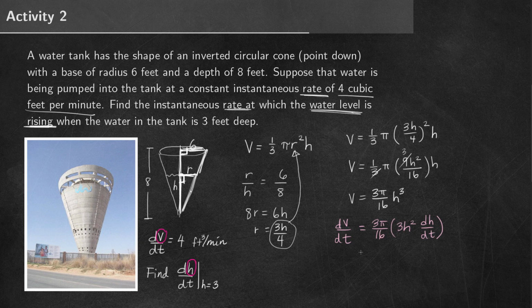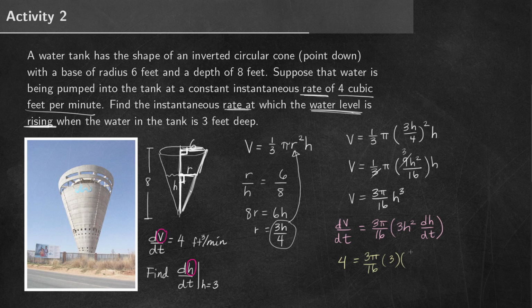Step 5 is where we substitute all of our known information into our derivative equation and solve for the rate that we're looking for, the dh/dt. So we want to substitute in for all the variables except for dh/dt. Well, what does dV/dt equal? dV/dt equals 4. So I'm going to substitute 4 in for dV/dt. That equals 3 pi over 16 times 3 times h squared.